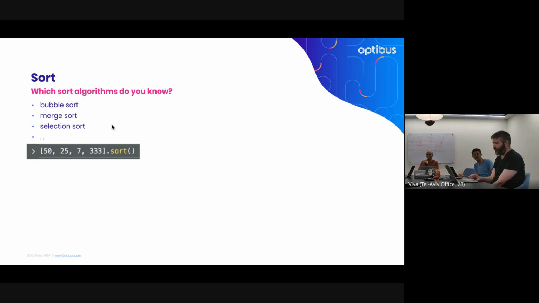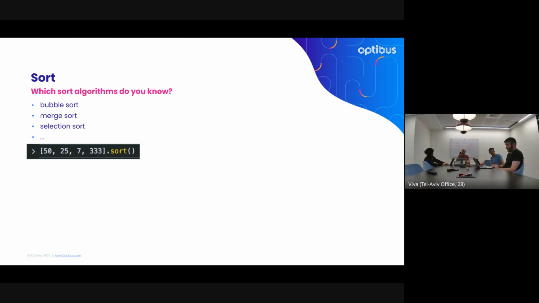Okay. Now for a JavaScript developer, I have two questions here. First, which sort algorithm does JavaScript use? And the second, what will be the result of this line of code? Somebody knows which sort algorithm JavaScript uses? It's not so important, it's a variation of quick sort. But what will be the result of this line?